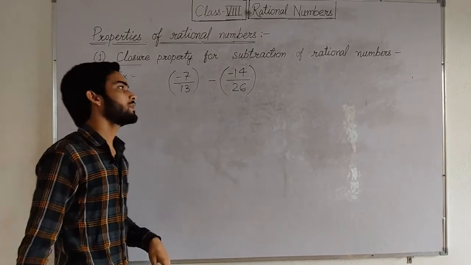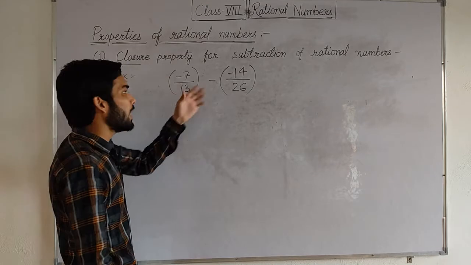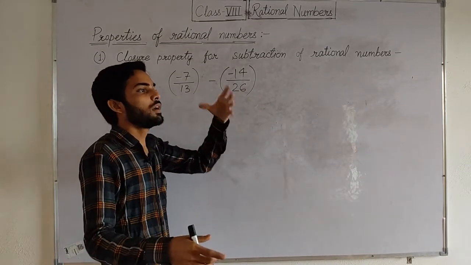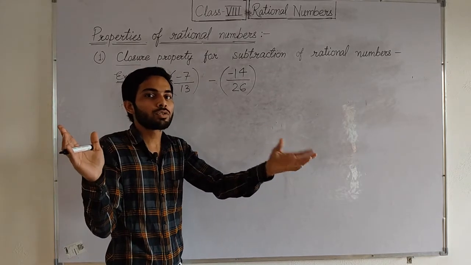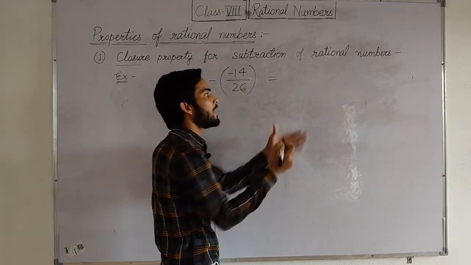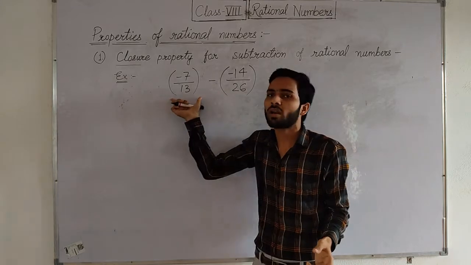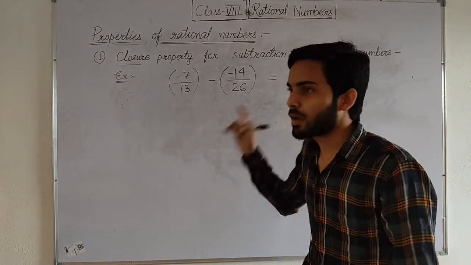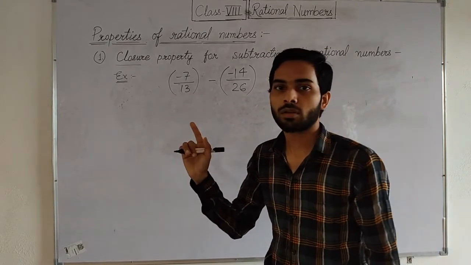As you can see, it is a rational number and it is also a rational number. So I am going to subtract a rational number from any other rational number. The answer I obtain by subtracting this rational number from this rational number, will it also be a rational number or not? I am going to check this.